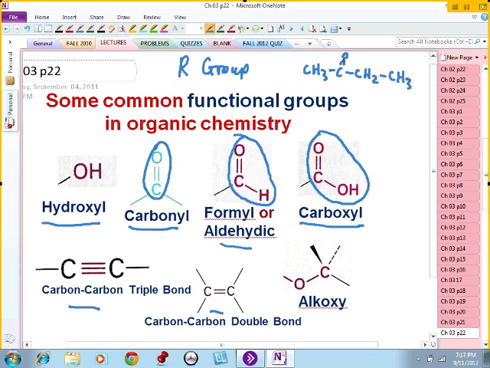That's a carbonyl group. Now, if I do not want to pay attention to this part of the molecule, I could simply just do this and simply write R. In other words, R will represent just any group that we don't know of.